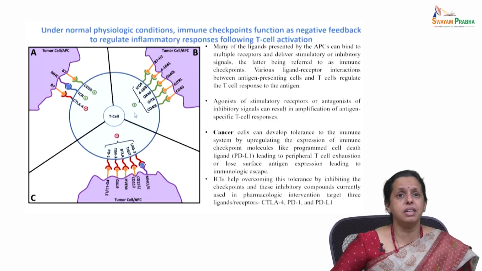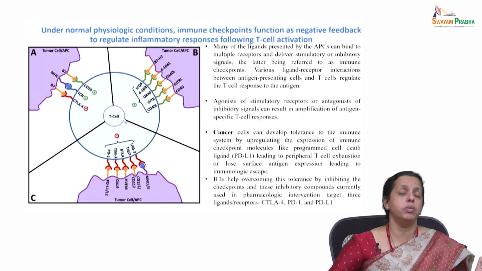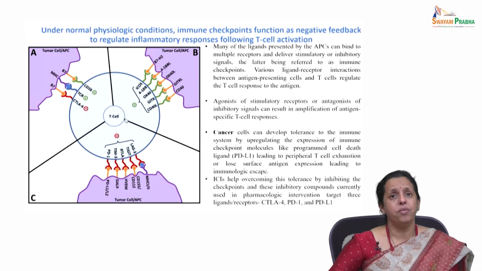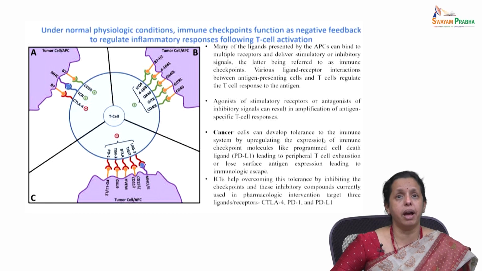How do cancer cells become tolerant to this immune system? What did we first discuss? We discussed that cancer cells have to evade the host immune response, so that they are not recognized as foreign. They can become tolerant to the immune system by upregulating the expression of immune checkpoint molecules like programmed cell death ligand, PDL, a very, very important ligand.